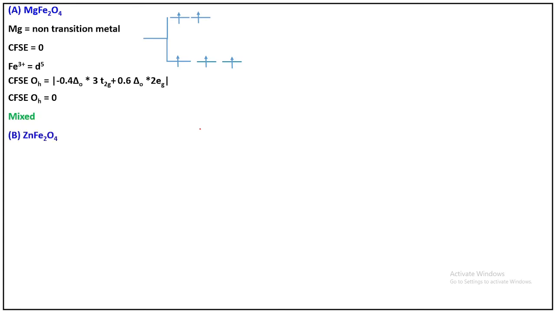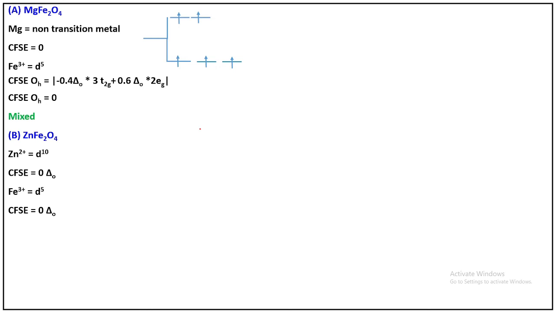Next option given is ZnFe2O4. Zn2+ electronic configuration is d10 and CFSE is 0. And the trivalent part, that is Fe3+, as we calculated earlier, CFSE in this case also will be 0. So we expect it to be a mixed spinel.